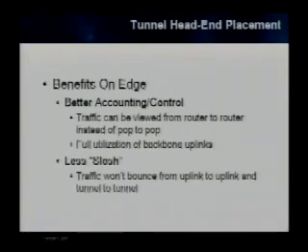I was talking about that with someone yesterday, where slosh is, the edge router will see two tunnels on two separate routers as being a valid next hop. So there were times where traffic would flip-flop between both uplinks and from tunnel to tunnel. So when you have edge to edge, the tunnel will establish on the one path, and as long as that tunnel's up, it'll take it.